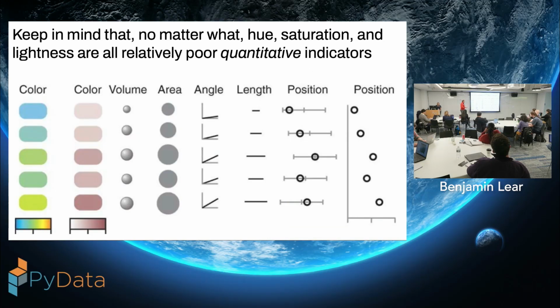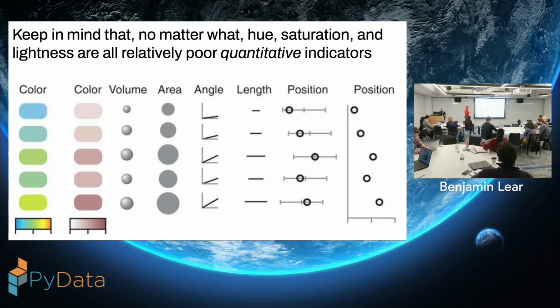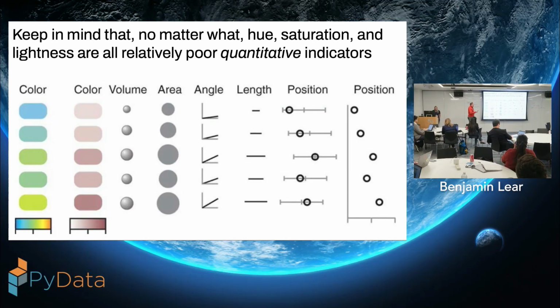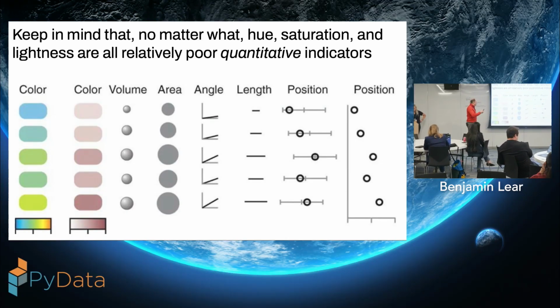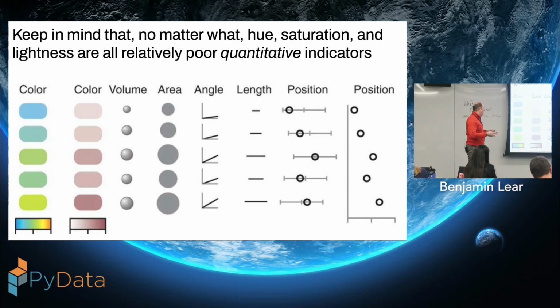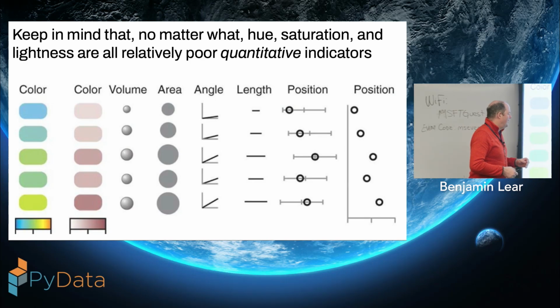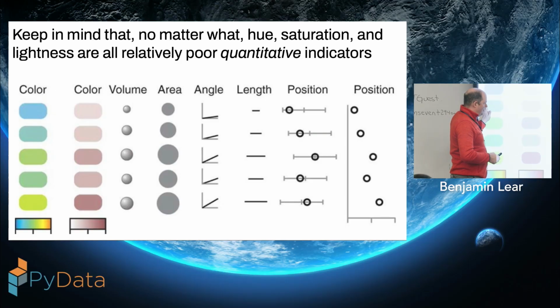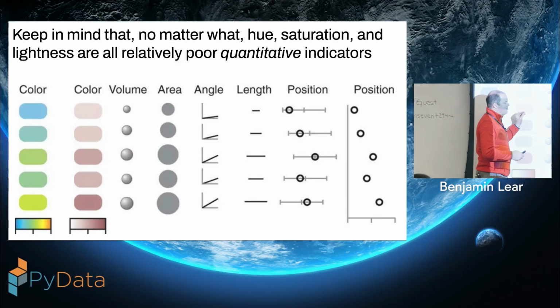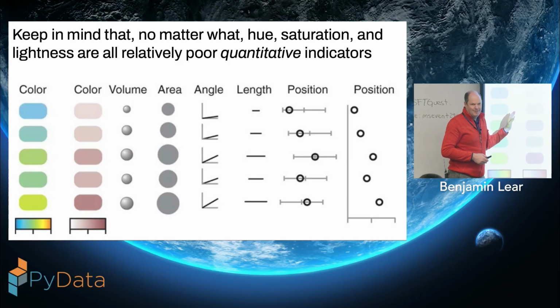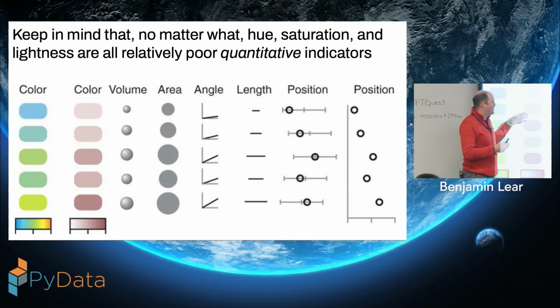And then I just want to point out that people have done research on how different aspects of data are interpreted, like different ways of encoding data. And these are ordered left to right. We spent a lot of time on color, but this is just one portion of the talk.